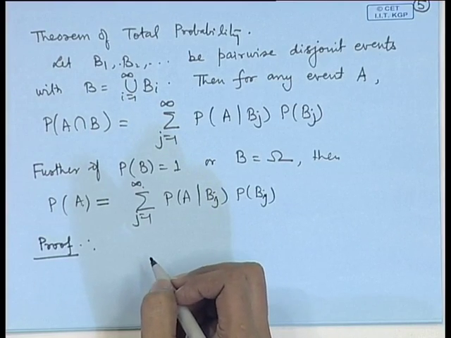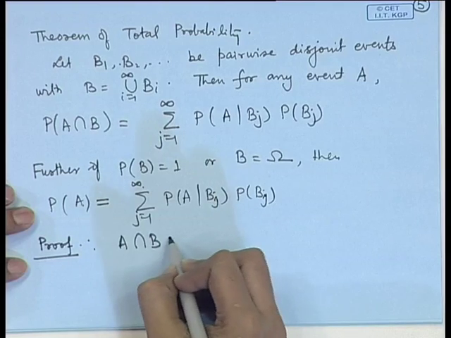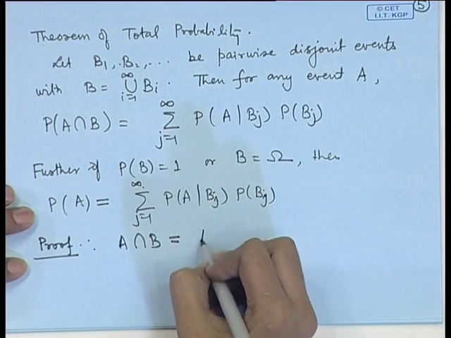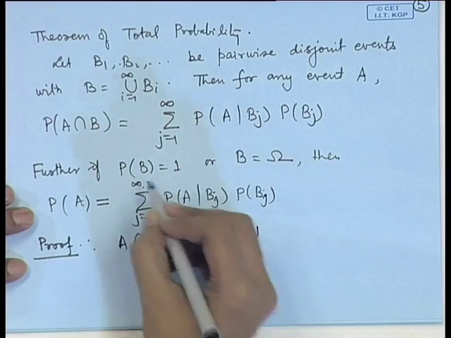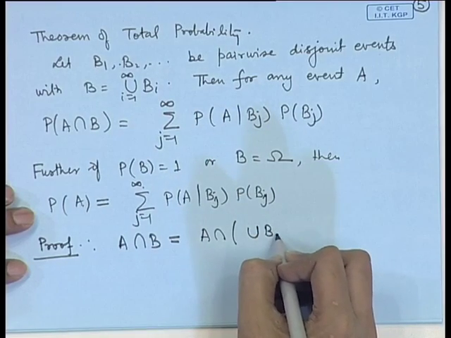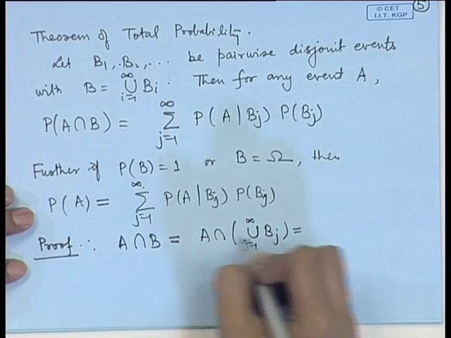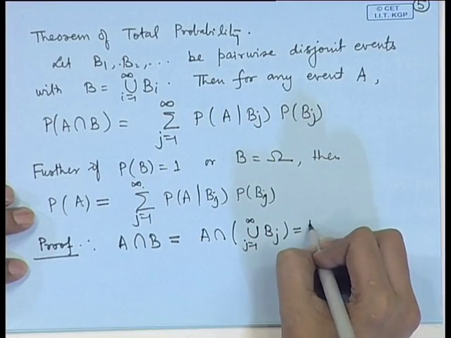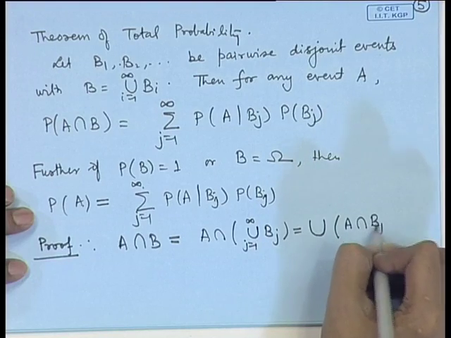So, consider A intersection B. Now, A intersection B can be written as A intersection, and the representation for B is union of B j, j equal to 1 to infinity. By applying the distributive property of the unions and intersections, we can write it as union of A intersection B j.